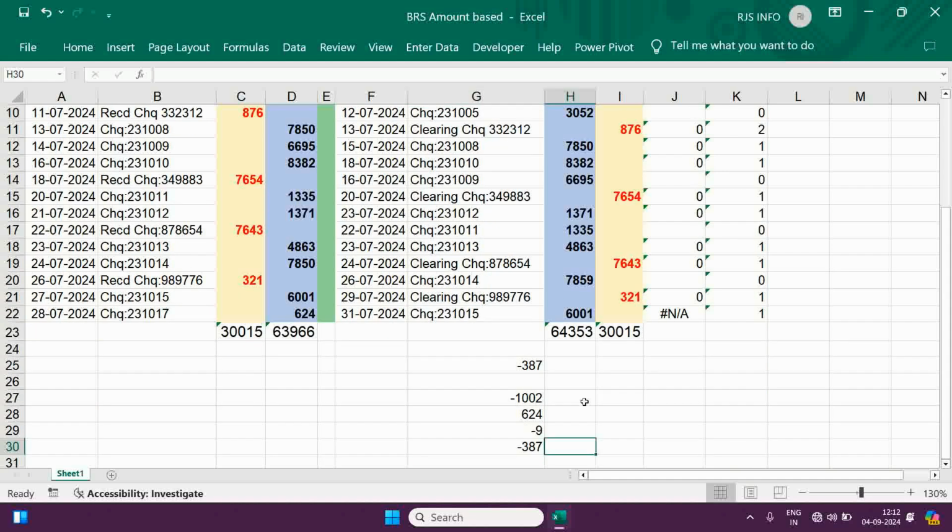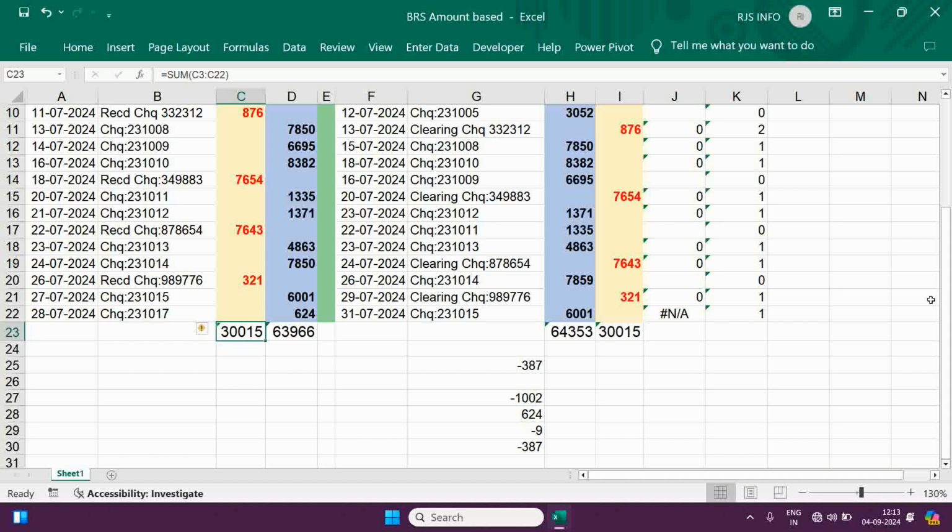We simply get the total of the debit side with the credit side of the bank statement. If it is a credit side, it should be a debit side of the bank statement. Like that we have to reconcile each and every month, and we have to consider whatever was outstanding last month and clear it.